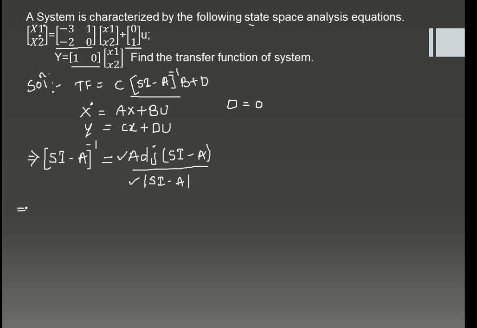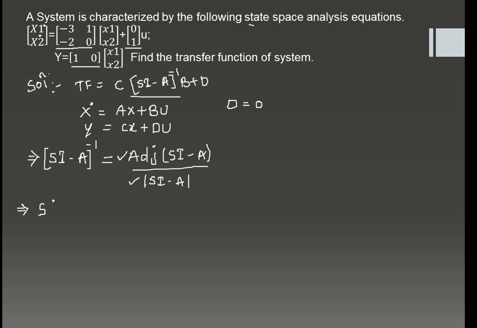Here S is the scalar and I is the identity matrix. So here A is the 2 cross 2 matrix, that's why we have to choose the identity matrix also 2 cross 2. In the question, if A is 3 cross 3, in that case we have to choose the identity matrix 3 cross 3.